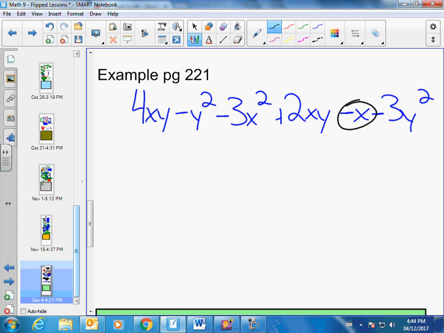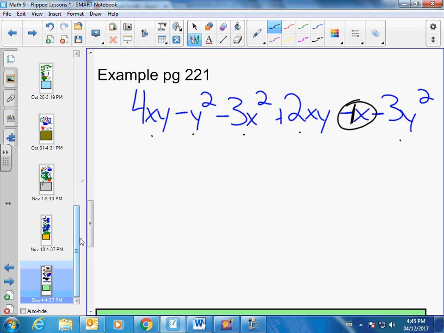You can even think about this, to make it easier for yourself, as negative 1x. So what I'm looking for is any other term in my equation that has the x variable attached, but there aren't any. This is the only x variable, so this is the only term that is like this one. Or another way of saying that, there's no other like terms in this equation.